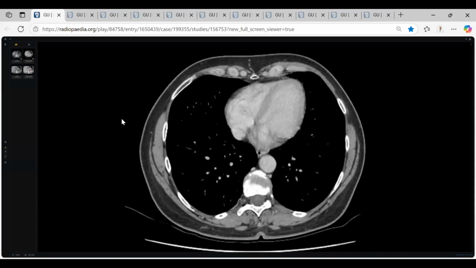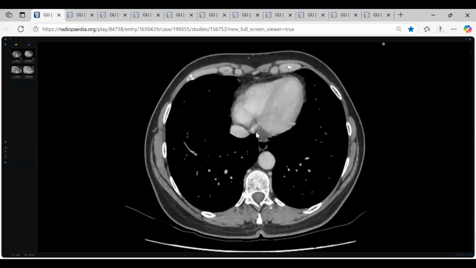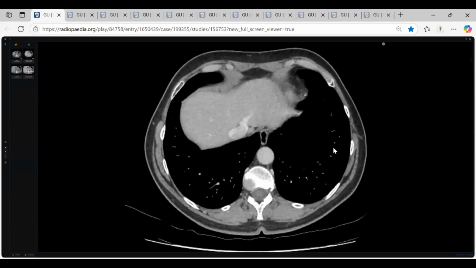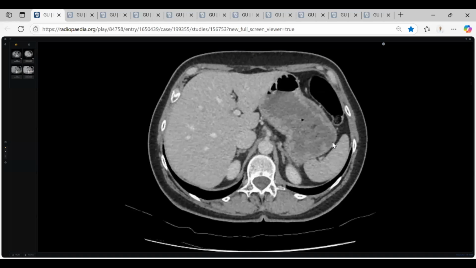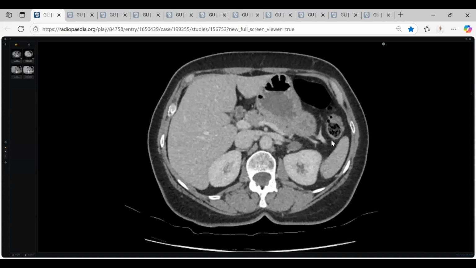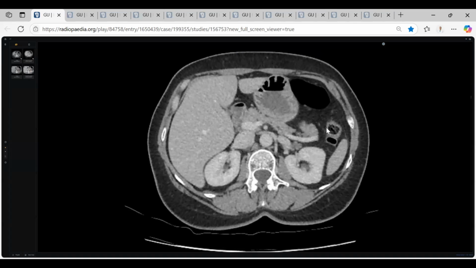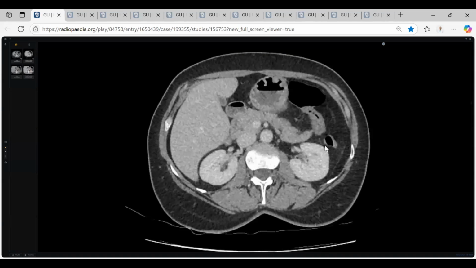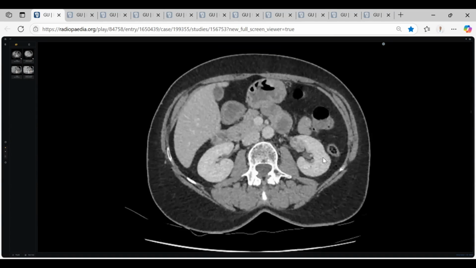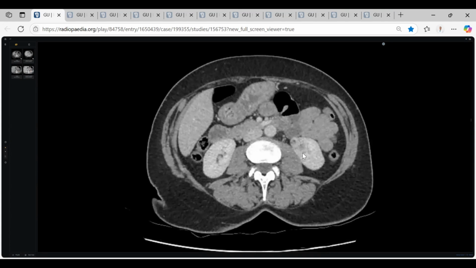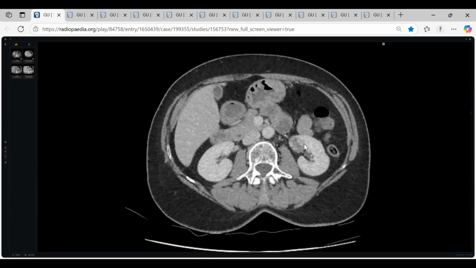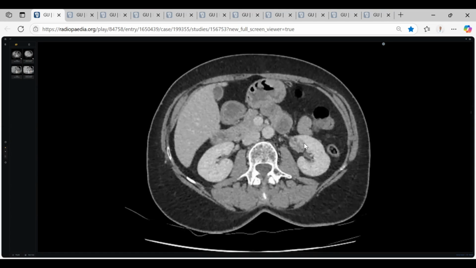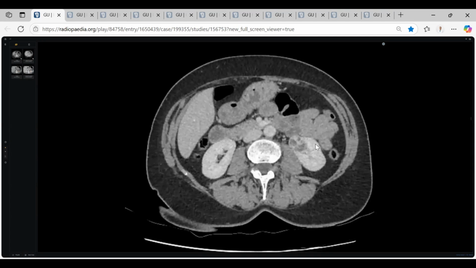Scrolling through the images again, I am looking for any enhancement within the lesion. The lesion which was seen previously shows predominantly peripheral enhancement with irregular internal septations.